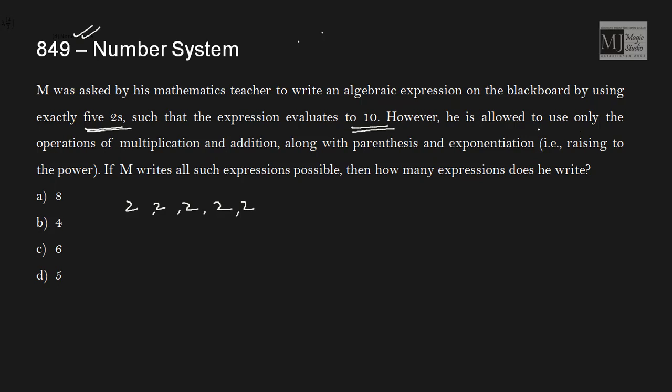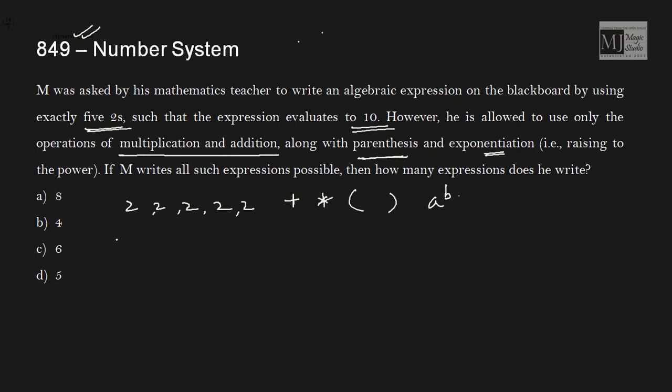However, he is allowed to use only the operations of multiplication and addition along with parentheses, that means brackets, and exponentials, that means raising to the power. A to the power b format is possible. Parentheses are possible, addition sign is possible, multiplication is possible. If M writes all such expressions possible, then how many expressions does he write?